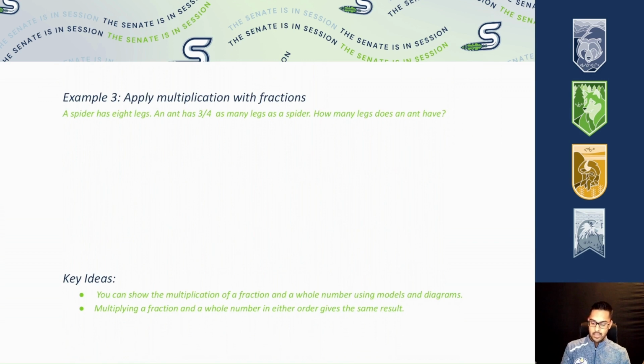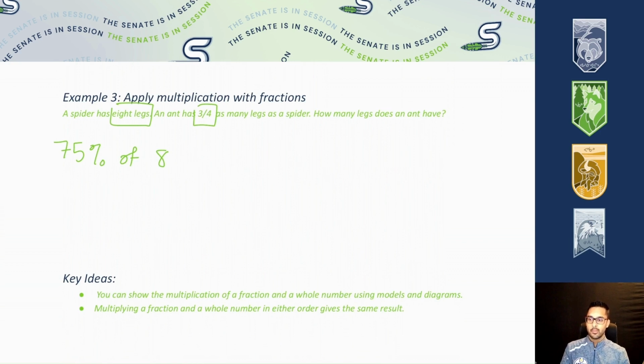So in reality, I need to think about how much 75% of 8 is actually going to be. The 3/4 represents our 75%, and the 8 is how many legs the spider has. If I am able to find out what 75% of 8 is, I'm going to be left with how many legs the ant actually has.